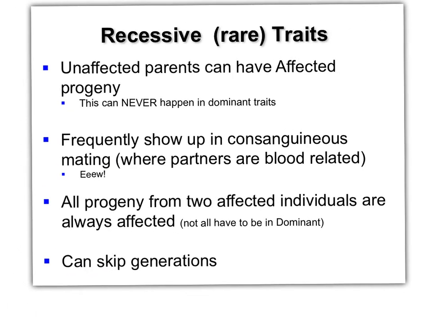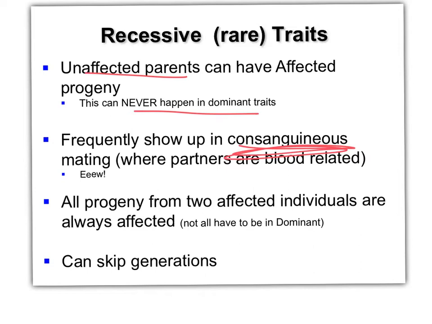So, there you go. Okay, rules, recessive traits. Unaffected parents can have affected progeny. Never ever see that in dominant. If it's consanguineous, that's a dead giveaway that it might be recessive. Don't just automatically write recessive or pick recessive.